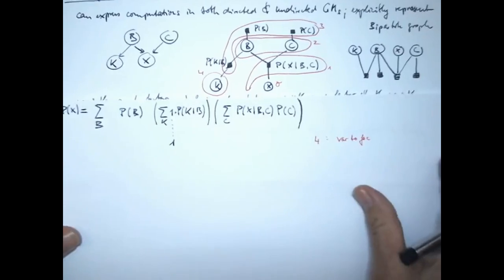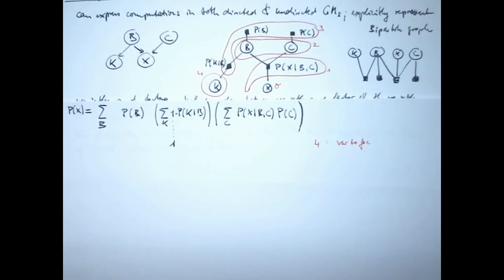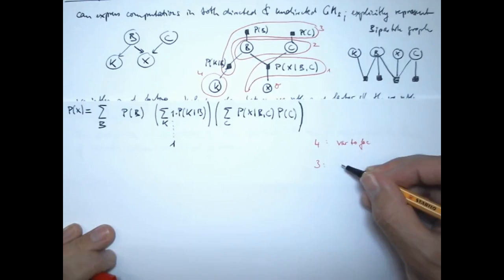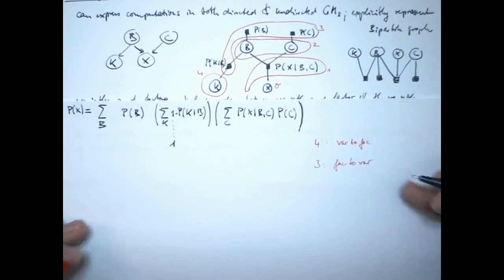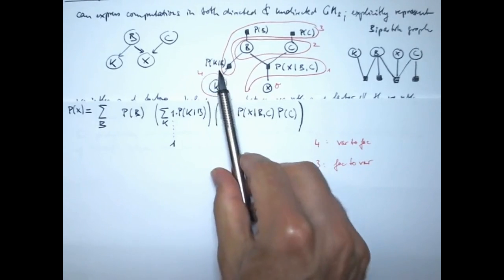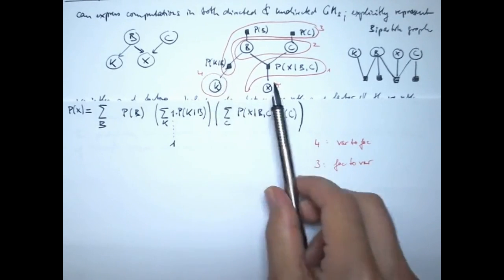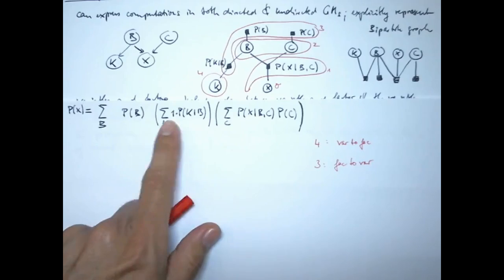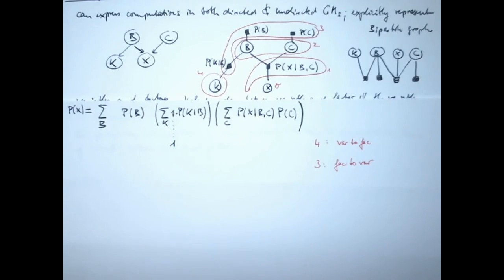Now next, at level number 3, I'm sending messages from factors to variables. And these are the following. So on the one end here, there's P of k given B, and I'm summing out k.